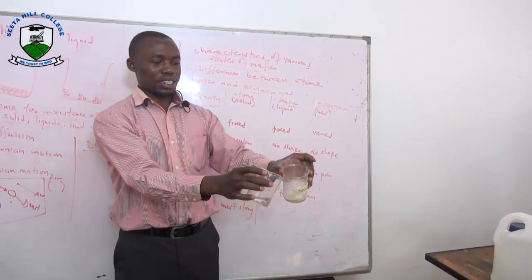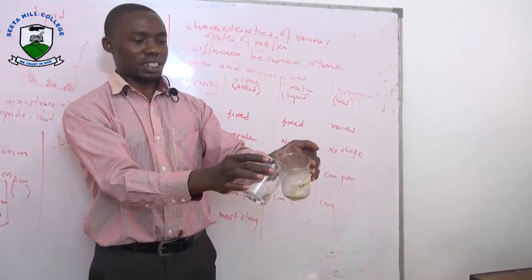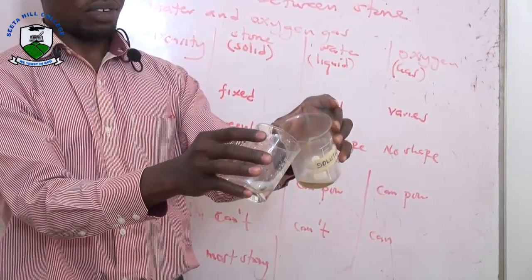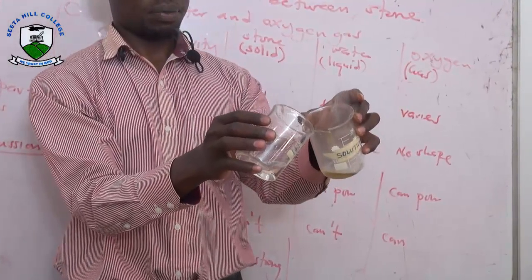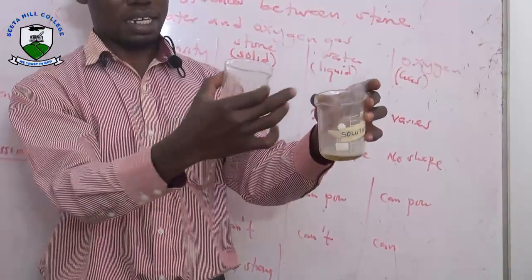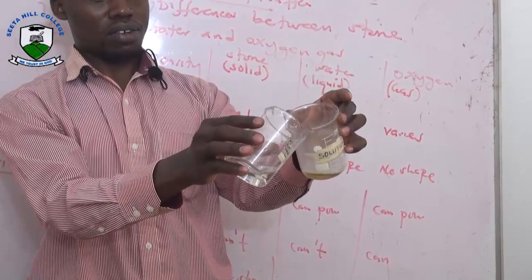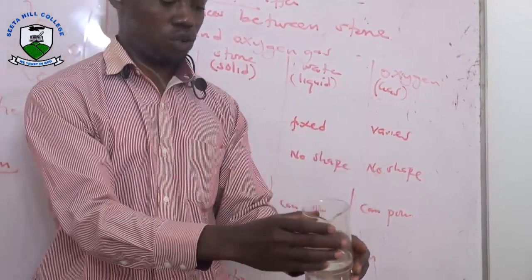We can see that the two gases, there is something that we are seeing, very dense clouds there. The colorless gas from here has entered this hydrogen chloride section, and there are dense white fumes.